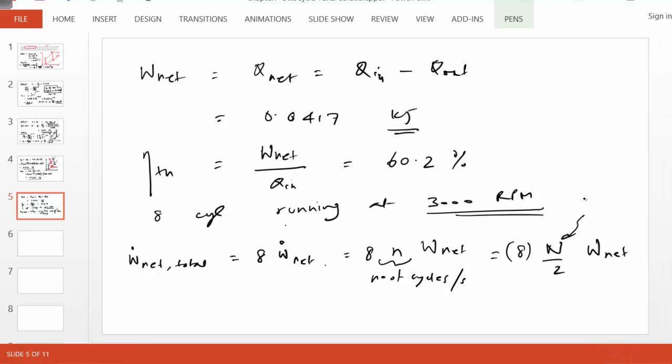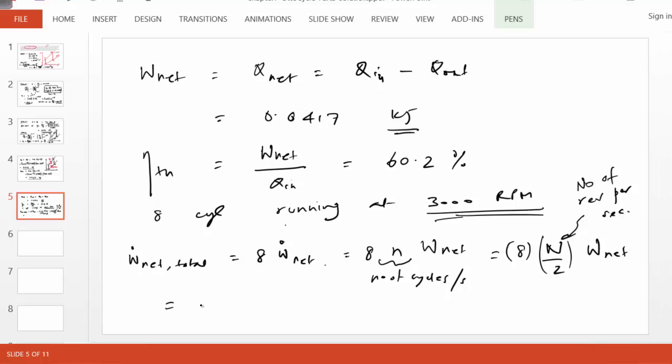What is N? Number of revolutions per second. By revolution, I mean, when you say 3000 RPM, what does it reflect? It is the number of revolutions per minute of your crankshaft. And we know in a 4-stroke cycle, 2 revolutions make 1 cycle. So number of cycles per second is number of revolutions divided by 2. Number of revolutions of crankshaft divided by 2. If it's a 2-stroke cycle, this 2 will not appear.